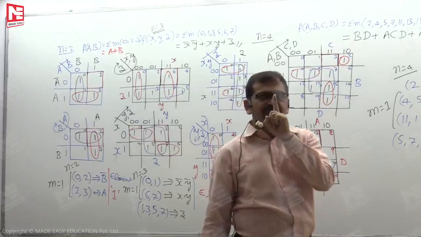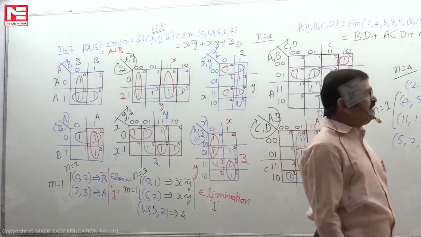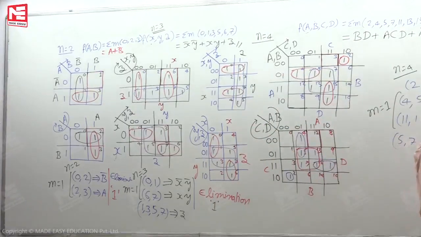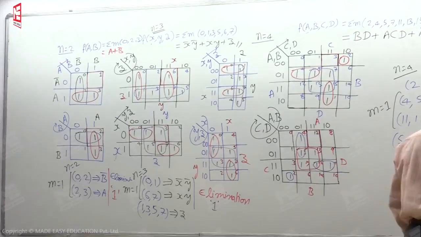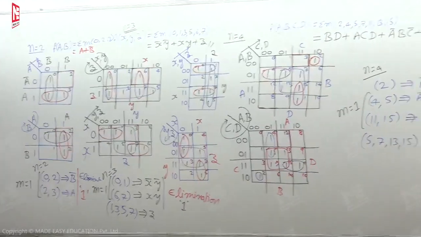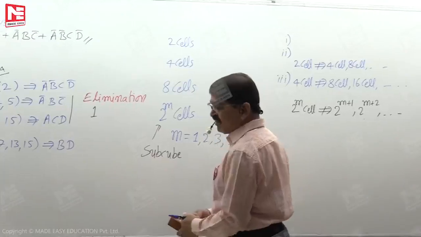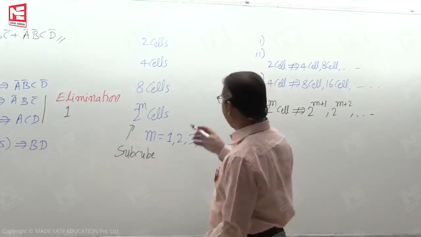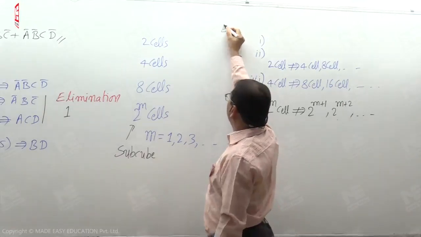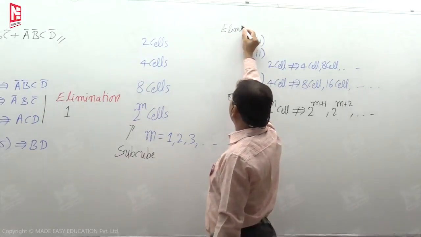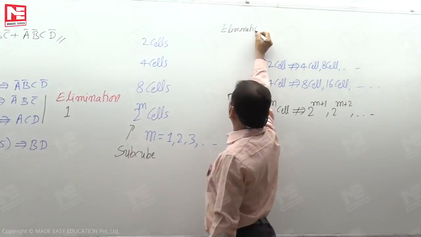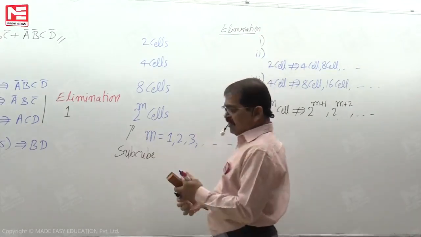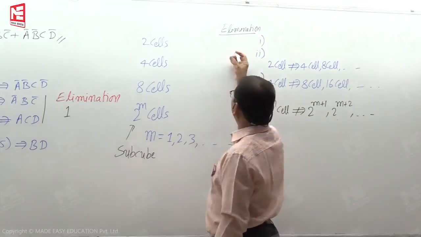Whenever the function is on any number of variables, if the subcubes are of size 2 cells, we have elimination for 1 variable.